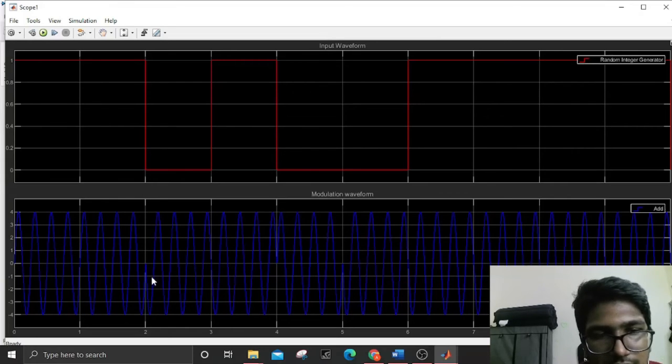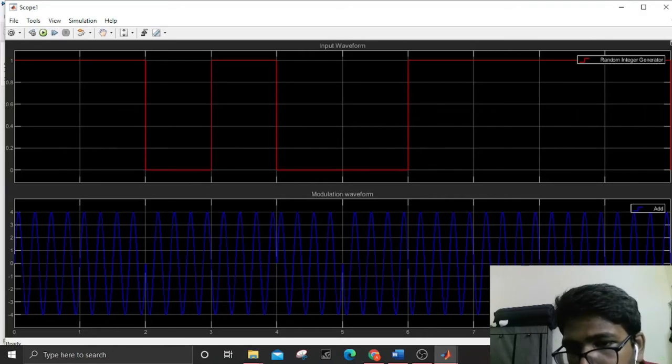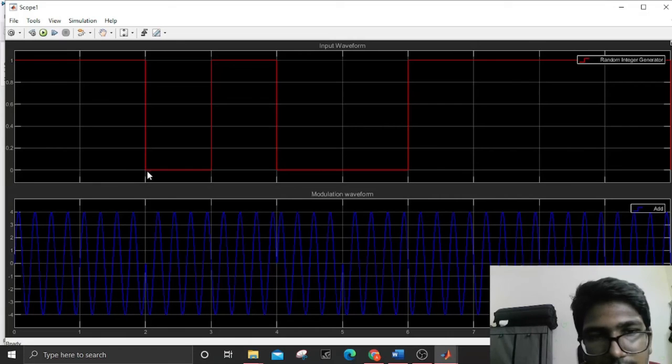As you can see here, when the input waveform reaches 0, there will be phase shifted, and here too. So as you can see, there will be 1, 2, 3. There will be 3 phase shifts because there are 3 zeros in input waveform.